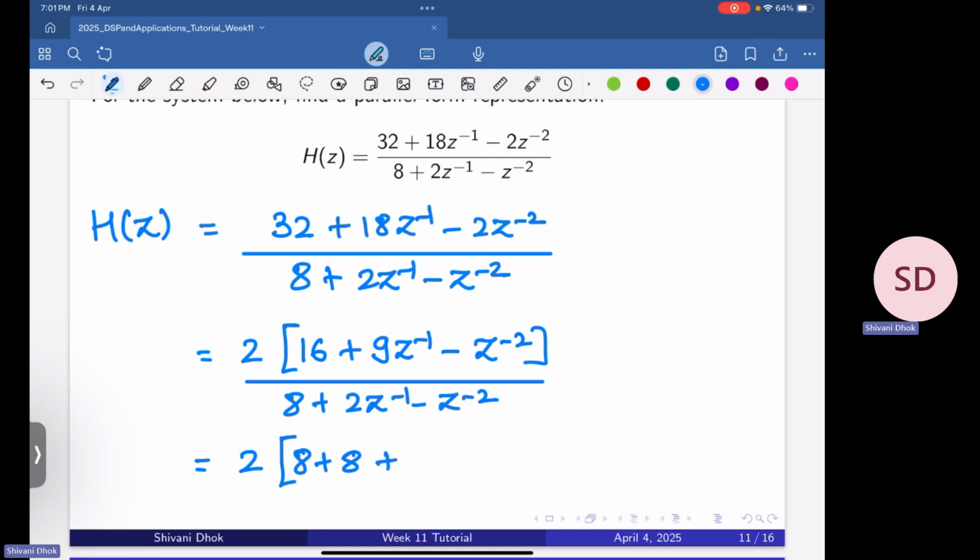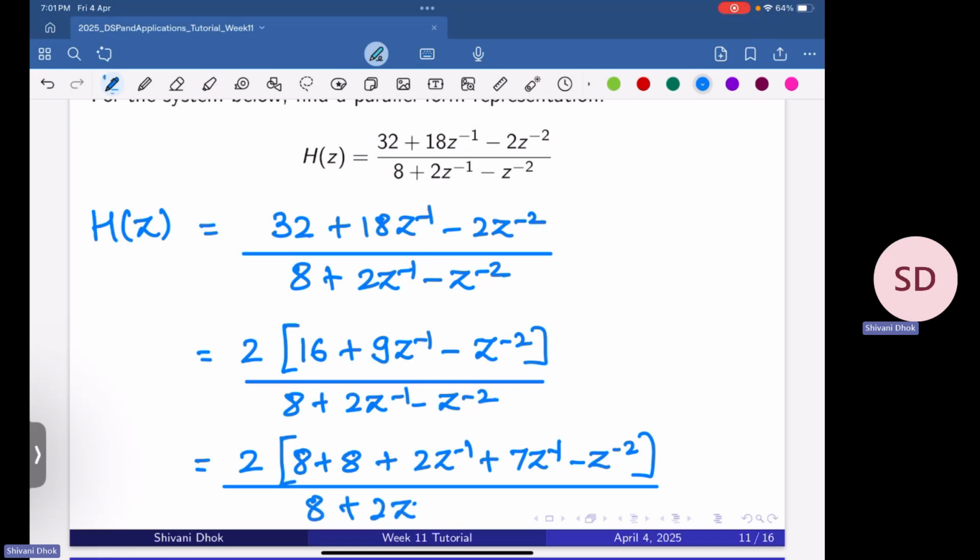This 9z inverse I'll also split into two parts: one part will be 2z inverse and another one will be 7z inverse. So we get 2z inverse plus 7z inverse, and this minus z to the power minus 2 as it is, whole divided by 8 plus 2z inverse minus z to the power minus 2.